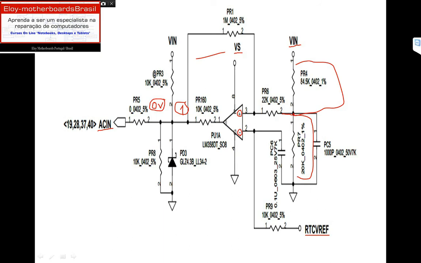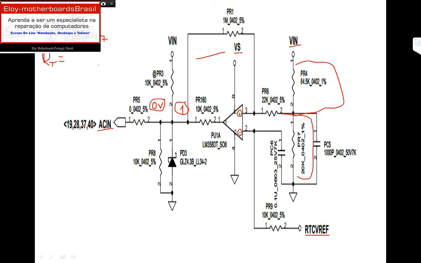Let's see, we have voltage and we have resistance. The resistance is PR4 plus PR7, total resistance.